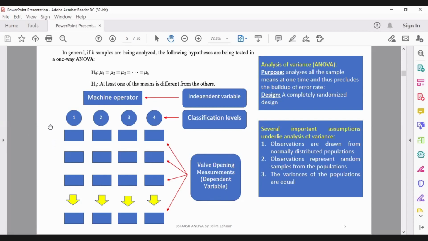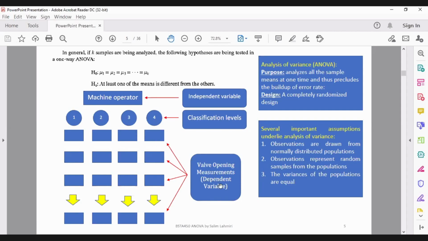So the observations or measurements under each experiment should be randomly generated and observed. Observations represent random samples from populations, so measurements should be random variables.